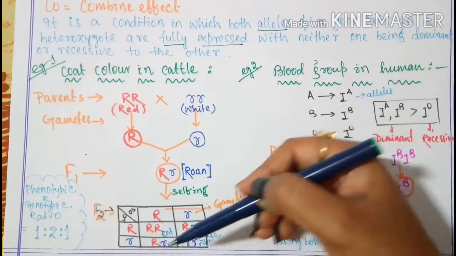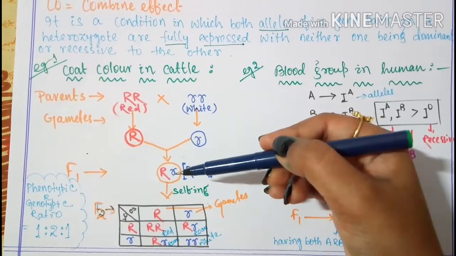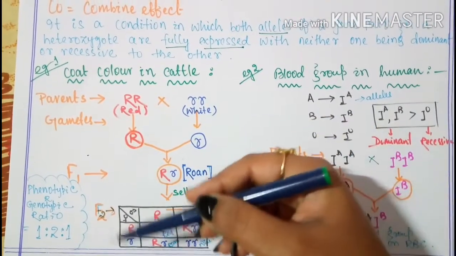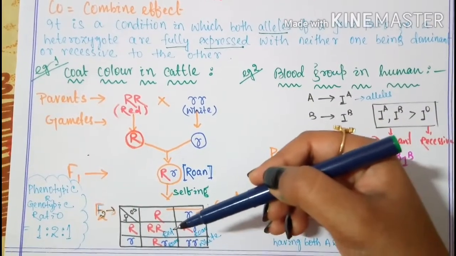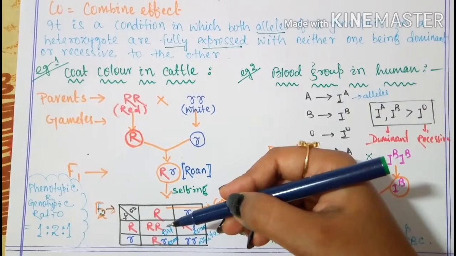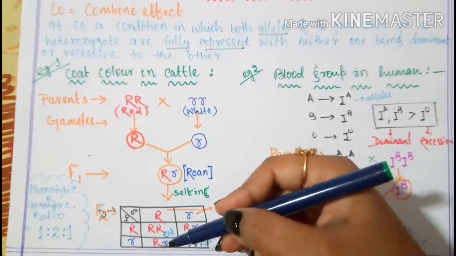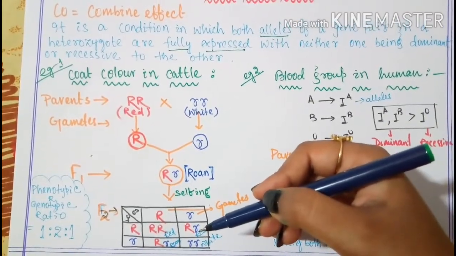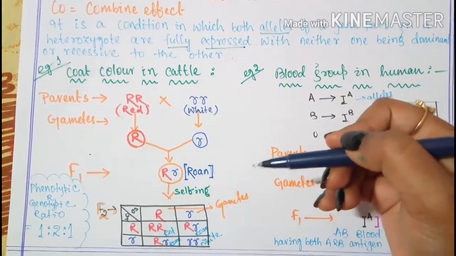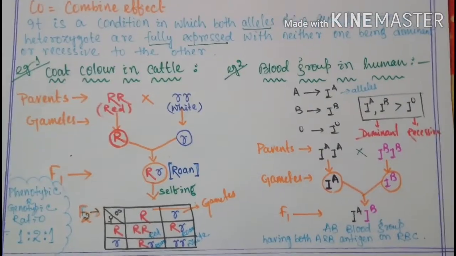And the 2 are heterozygotes as in the F1 generation. You can notice that they appear in a ratio 1:2:1. Here red color is 1, white color is 1 and roan color is 2. So the phenotypic as well as the genotypic ratio is 1:2:1.